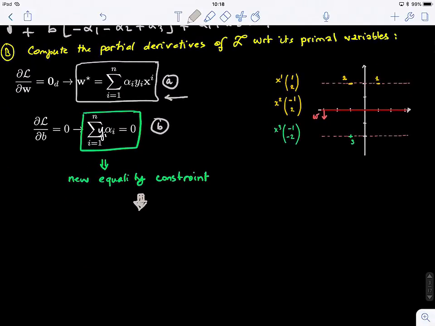What I would like you guys to do is to translate these two constraints, A and B, based on this particular data set, okay? So you can write the W star, and here we have only 3 points, right?